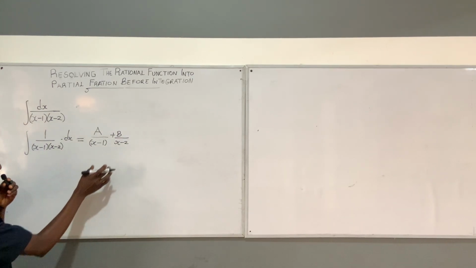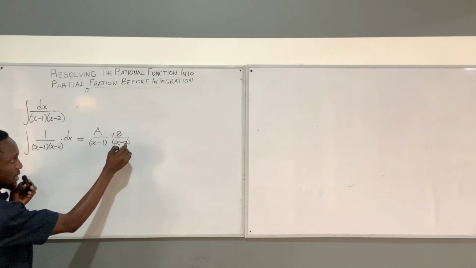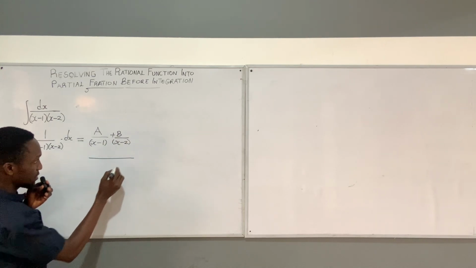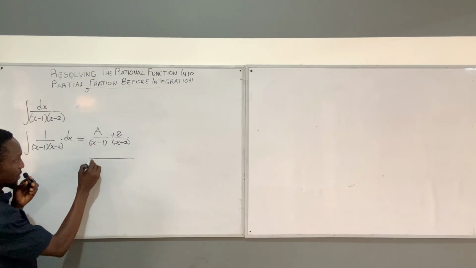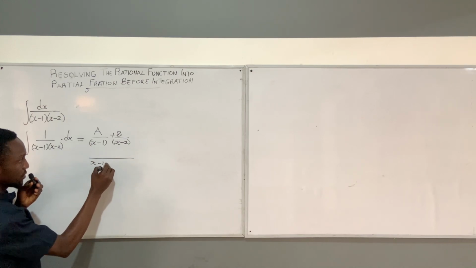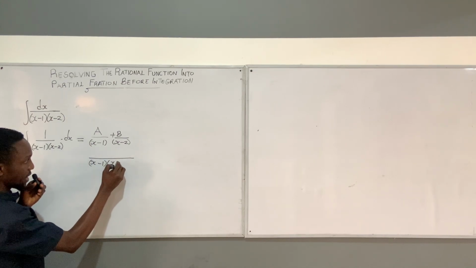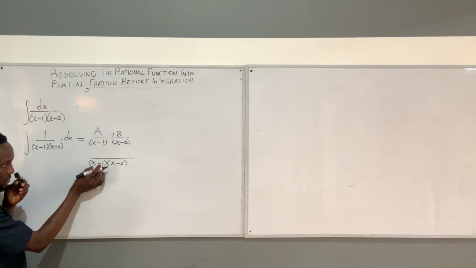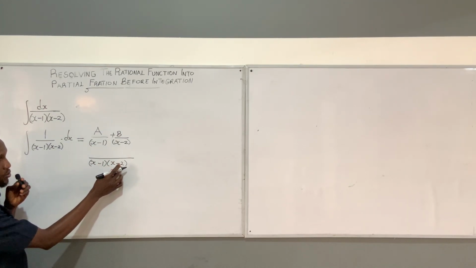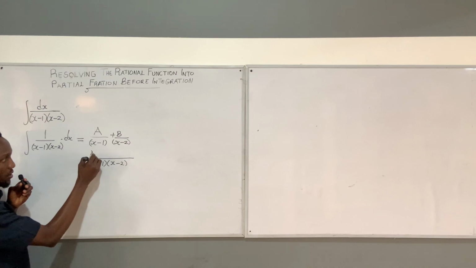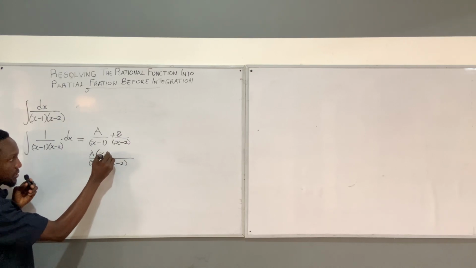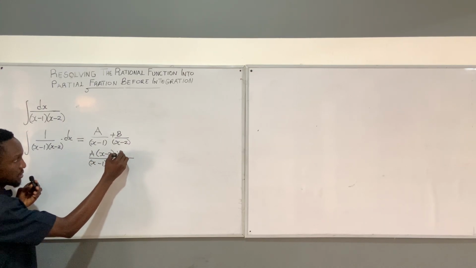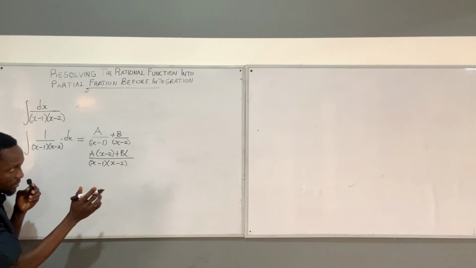The next step is to find the LCM here. So when I find the LCM, what am I getting? I'm getting x minus 1 times x minus 2. This cancels this, it is left with x minus 2. Use it to multiply A. So I have A(x minus 2) plus B. Now, wait.